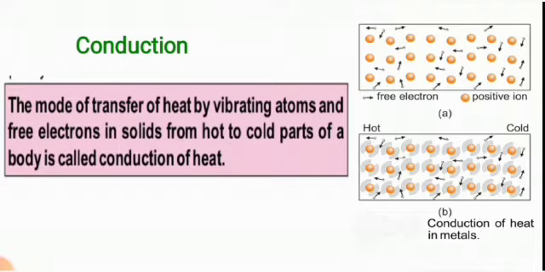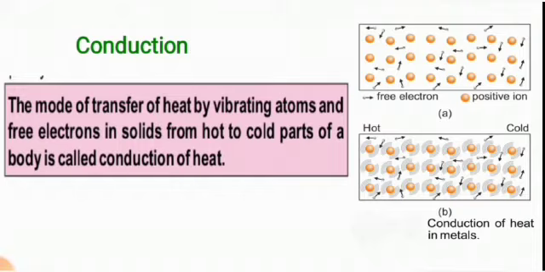These free electrons move with very high velocities within the metal objects. They carry energy at a very fast rate from hot to cold parts of the object as they move. Thus, heat reaches the cold parts of the metal objects from its hot part much more quickly than in non-metals.